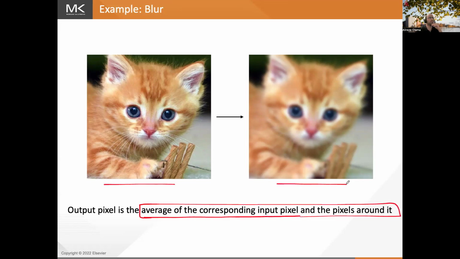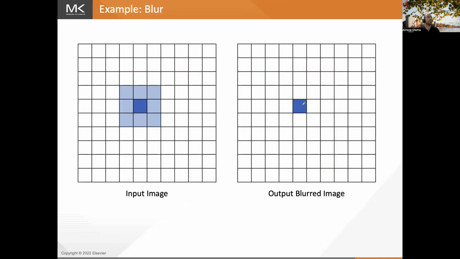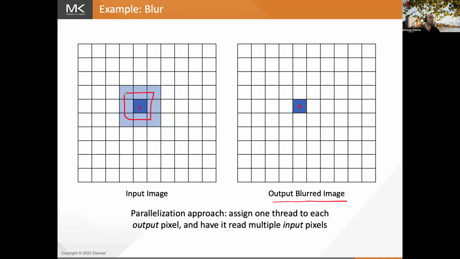So what you need to do, as I mentioned, is average each pixel with some pixels around it. In this case, assume this is our image and these are our pixels. In the output blurred image, this pixel is computed based on the average value of the pixel itself and the surrounding pixels. This kind of application is quite simple to parallelize.